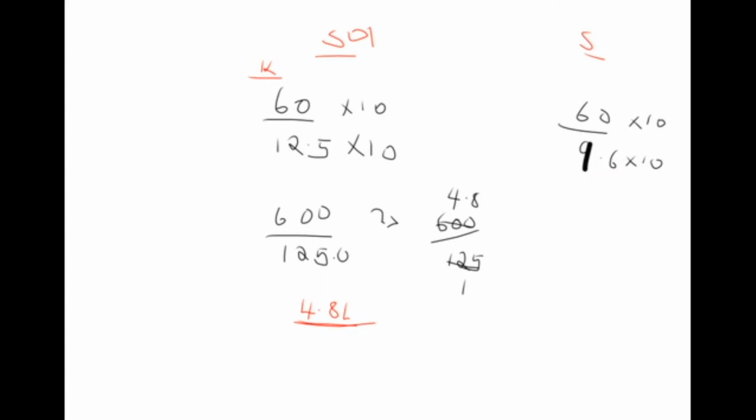So if we multiply times 10, we shall have 600 over 960. Then count one decimal place here. So we shall have 600 divided by 96.